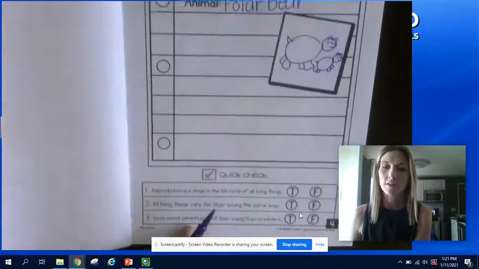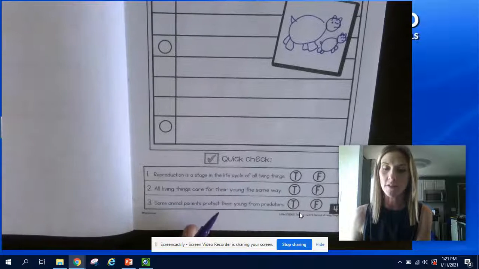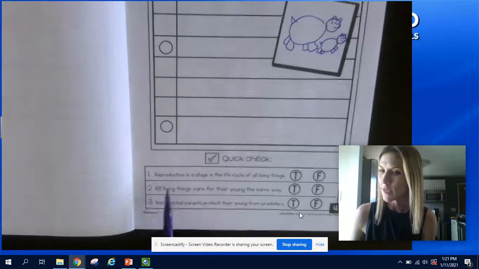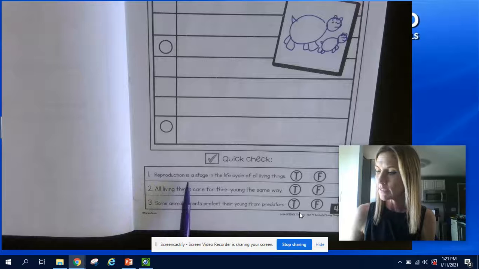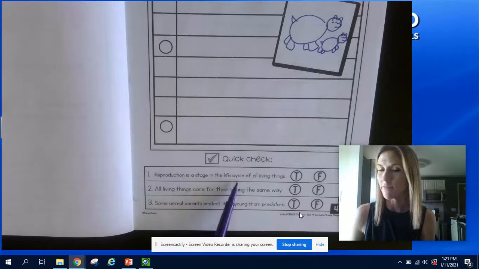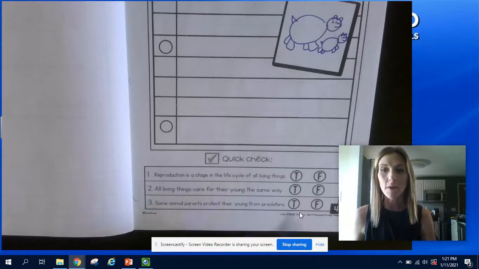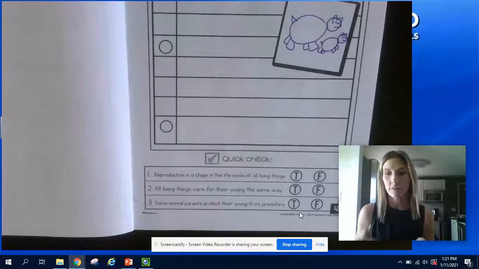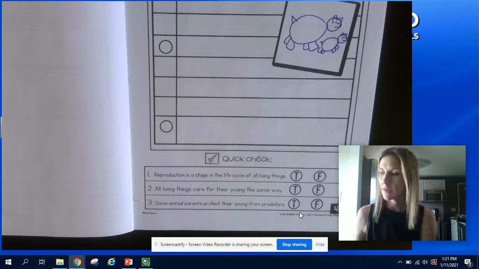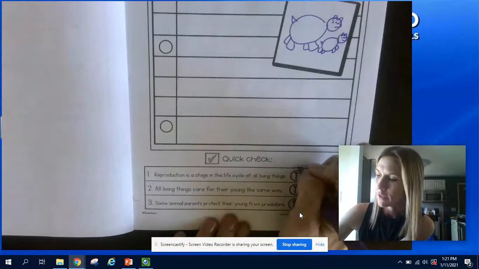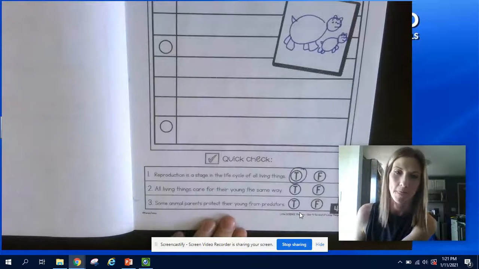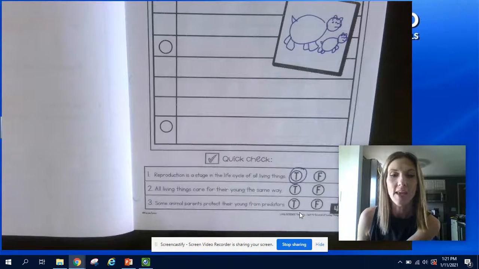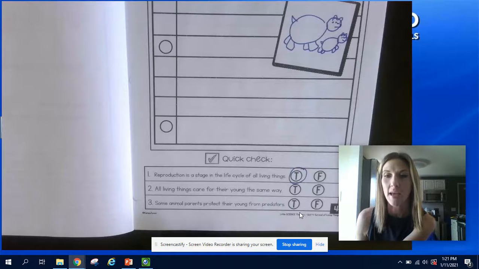And then let's look down here at the true or false questions. The first one says, reproduction is a stage in the life cycle of all living things. So reproduction is part of the life cycle. True or false? Hopefully you said true. Okay. All living things care for their young the same way.